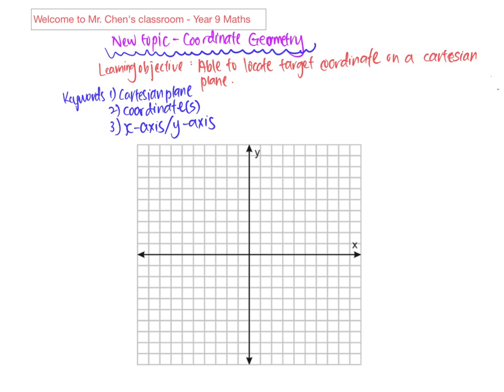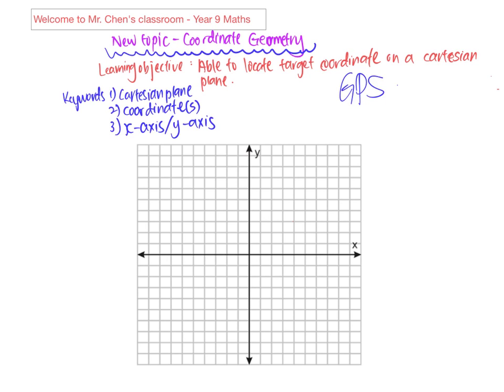Coordinate geometry talks about coordinates, and it allows you to find distance. That is the fundamental. It's kind of like the basics of your GPS.